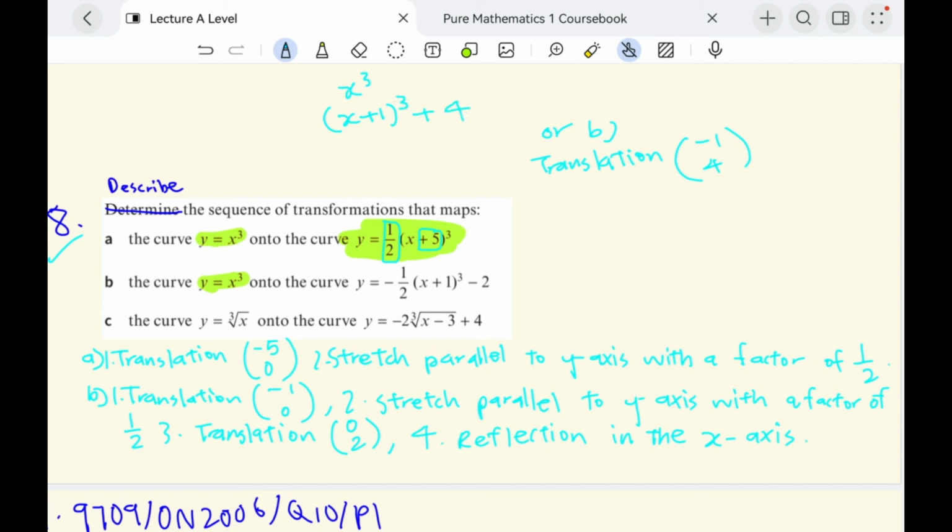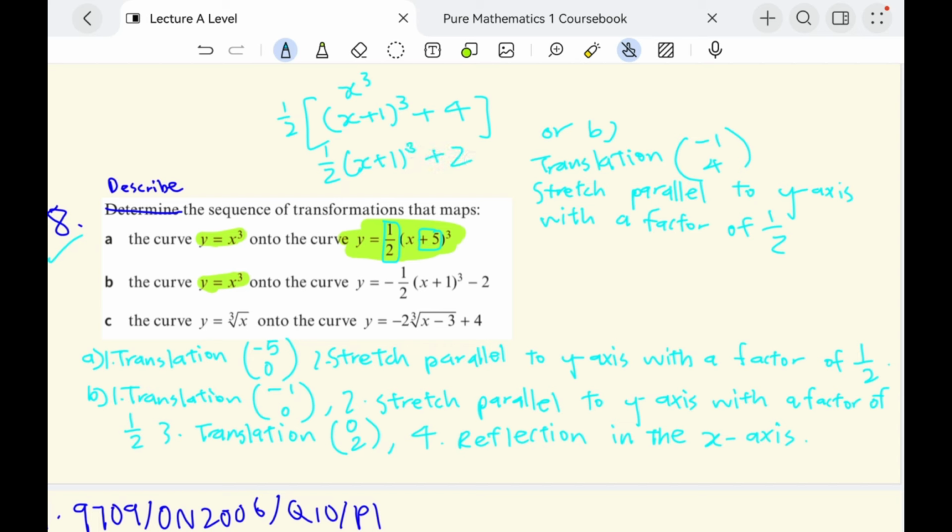Okay, and also you can have the stretch parallel to the y-axis with a factor of half. Okay, that means you multiply the entire function by half like this. So 4 over 2 is 2.